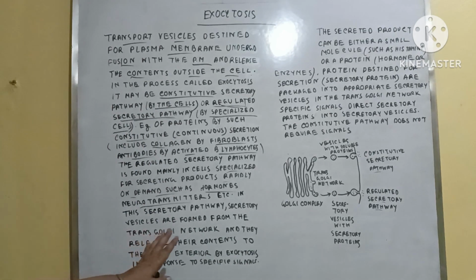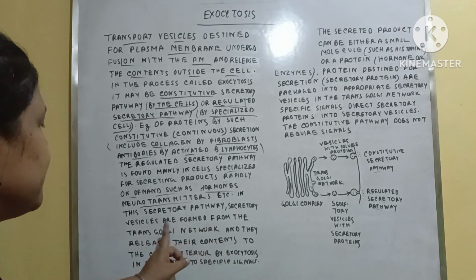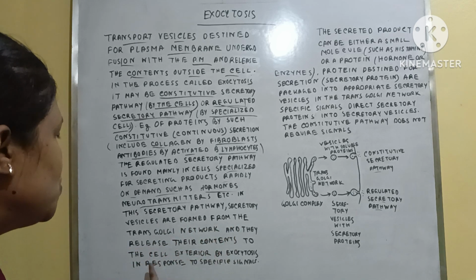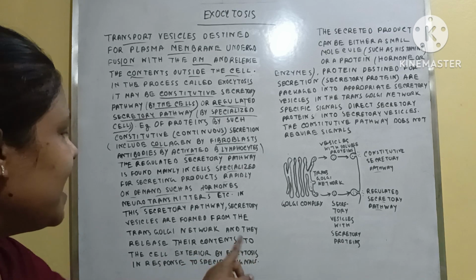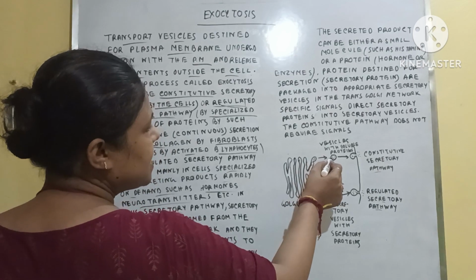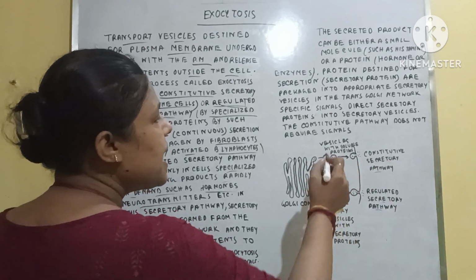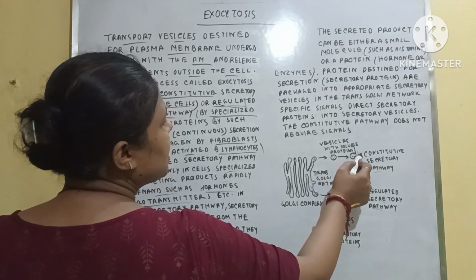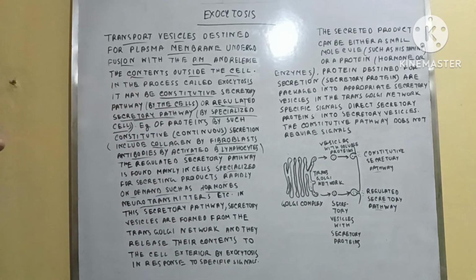The vesicles are formed from the trans-Golgi network and release their contents to the cell exterior by exocytosis. You can see that the vesicles are formed with some contents, then fuse with the plasma membrane, and then the contents are released from the cell.